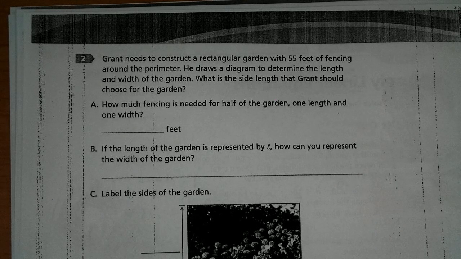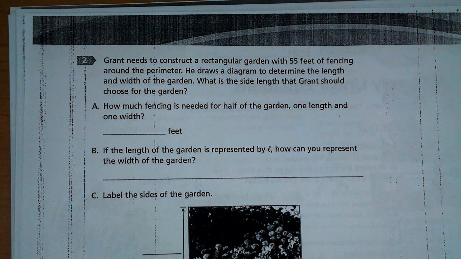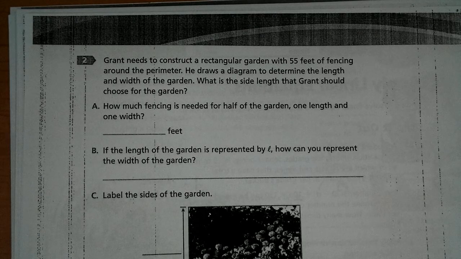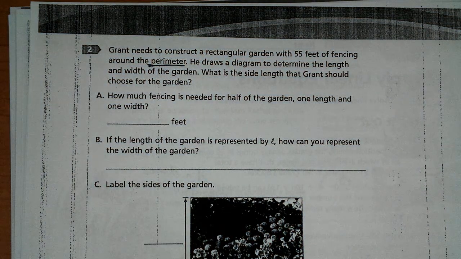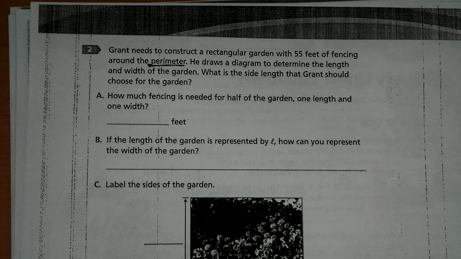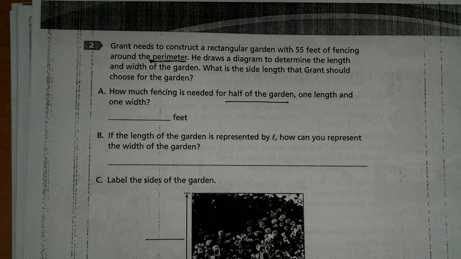So it says Grant needs to construct a rectangular garden with 55 feet of fencing around the perimeter. He draws a diagram to determine the length and width of the garden. What is the side length that Grant should choose for the garden? How much fencing is needed for half of the garden?